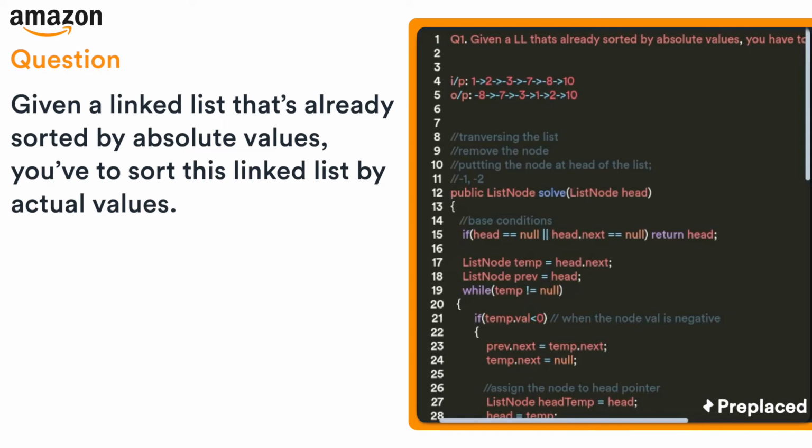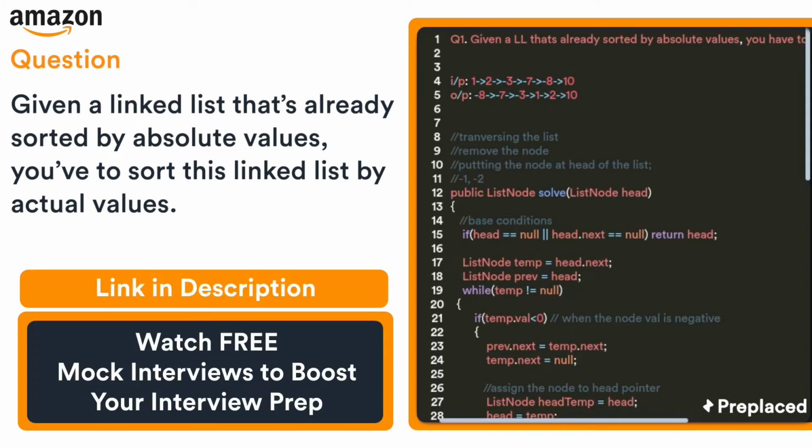Suppose at time t I get an order. First I'll check whether this same element is present in my heap or not. If it is already there, then I don't need to check the hash map.